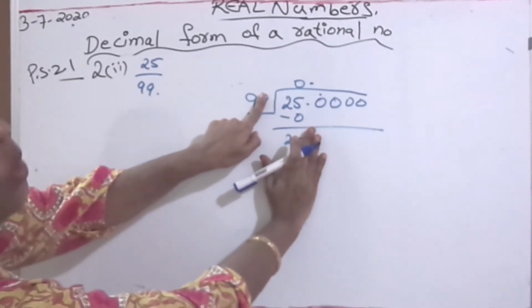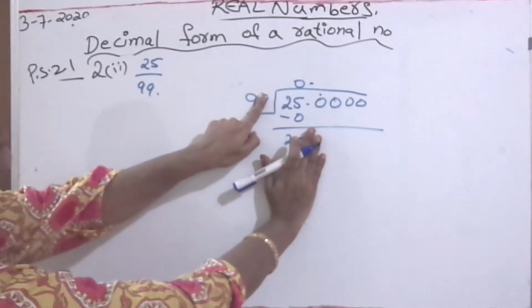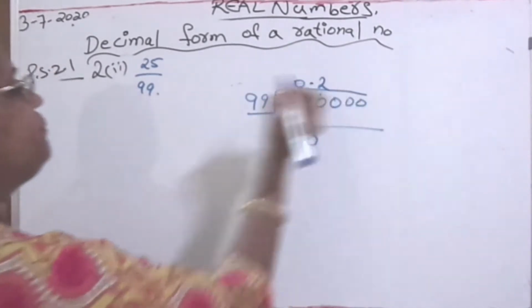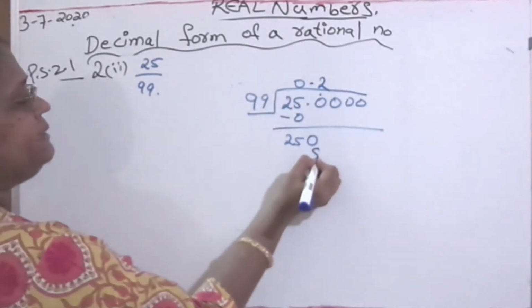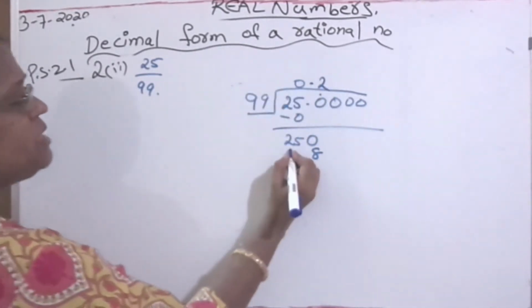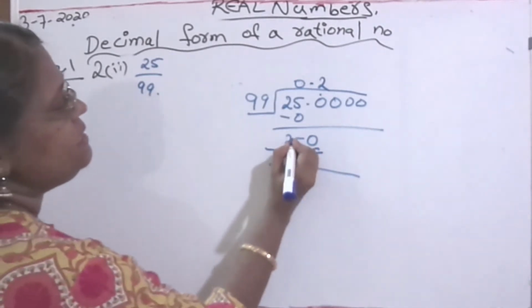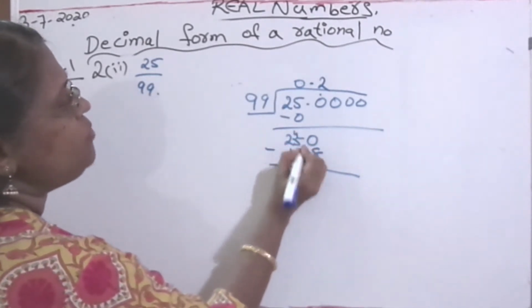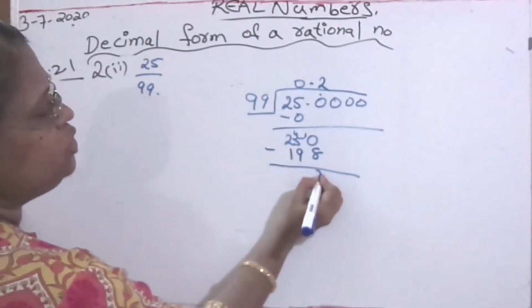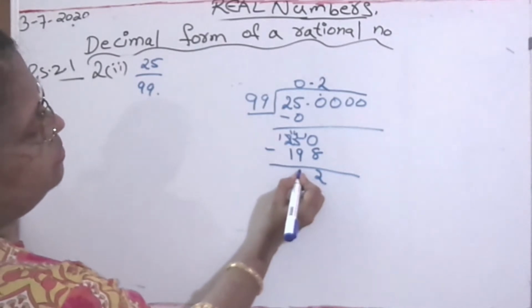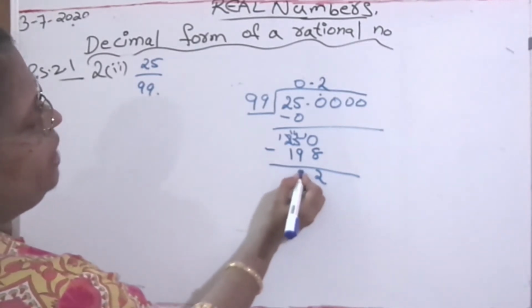So how much 9 goes in 25? 9 3s are 27, does not go. 9 2s are 18 goes. So 99 2s are. 2 9s are 18, carry 1. 2 9s are 18 plus 1, 198. Okay, this becomes 4 when you cancel this, and 10 minus 8, 2. 5.